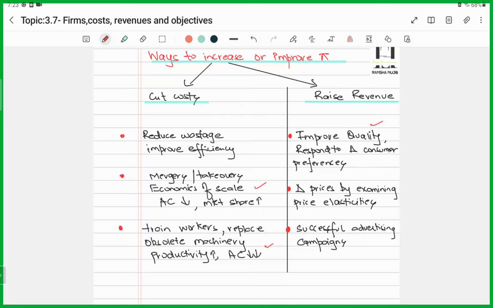Firms can also play with prices, and they can do that by taking a close look at the elasticity of the product. If a firm's product has inelastic demand, it can charge higher prices and achieve higher revenues, widen the gap between the cost and revenue and achieve sizable profit.